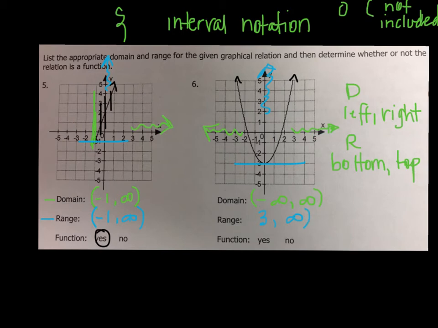Now here, I don't have an open circle. I actually have a point at -3. If I have a point on -3 that is included, so a point as opposed to an open circle like this graph, I use a bracket. This guy can pass the vertical line test, so this would also be a function.